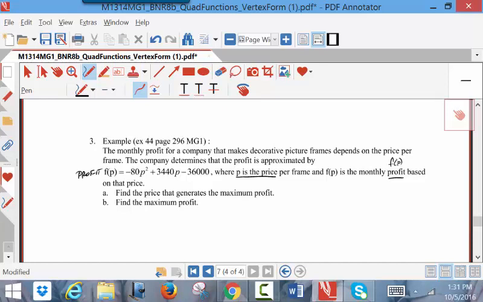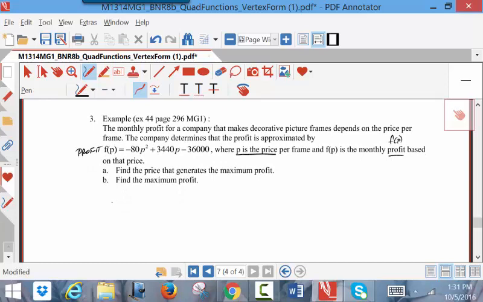So if I write this as y equals negative 80x squared plus 3440x minus this huge number, 36,000, then y is my profit in dollars, and x is replacing p, so x is my price per frame.